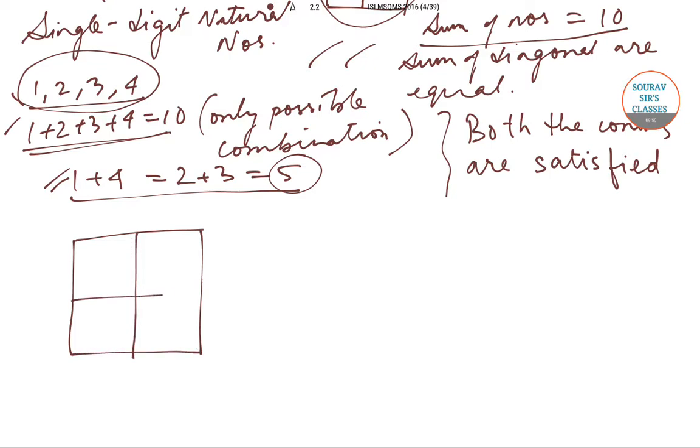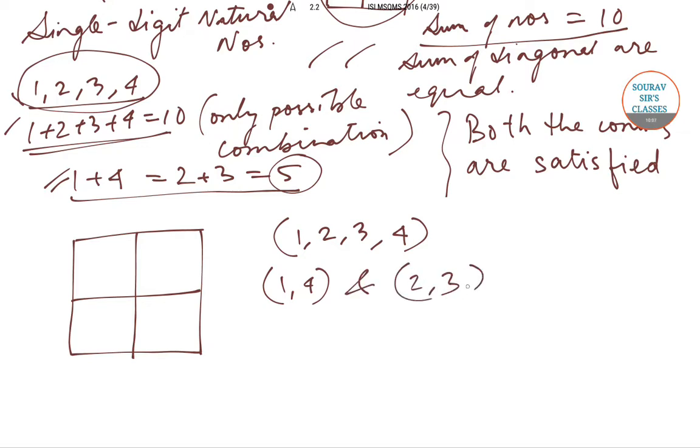This is a table which has 4 cells. Now the total combination that is taken into consideration is 1, 2, 3 and 4, and the diagonal combinations are 1 and 4 and 2 and 3.